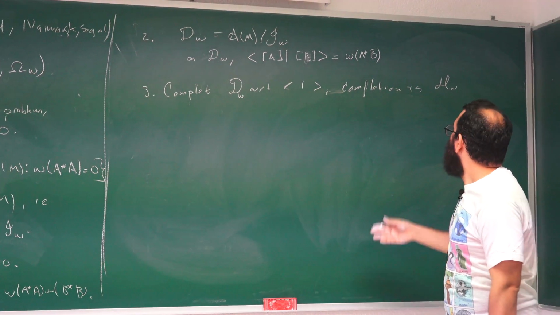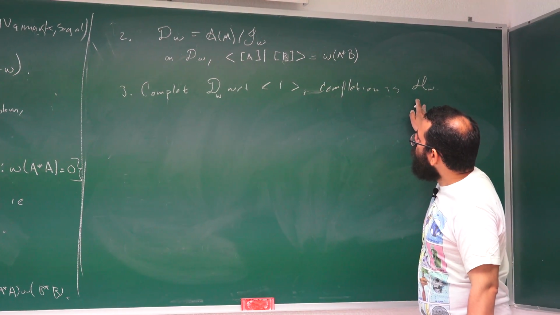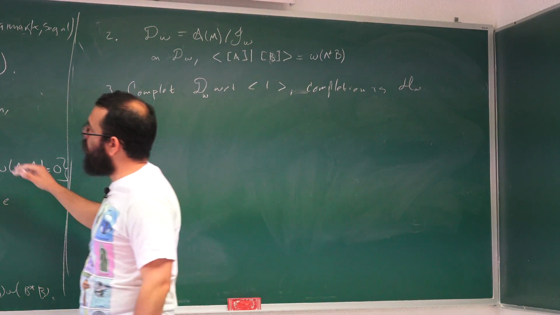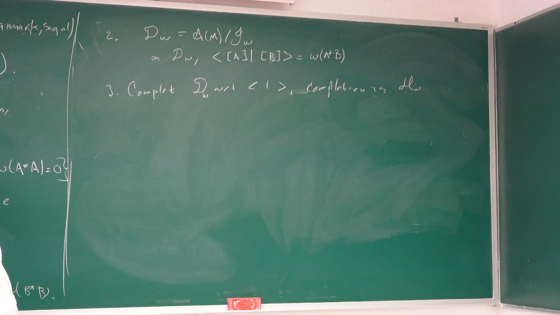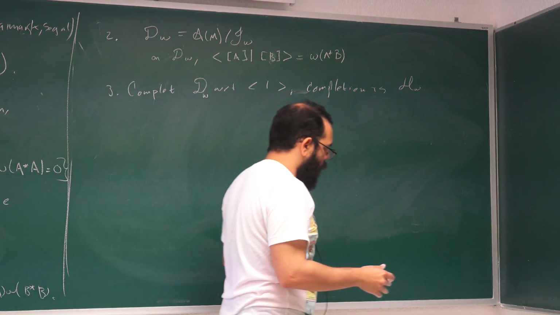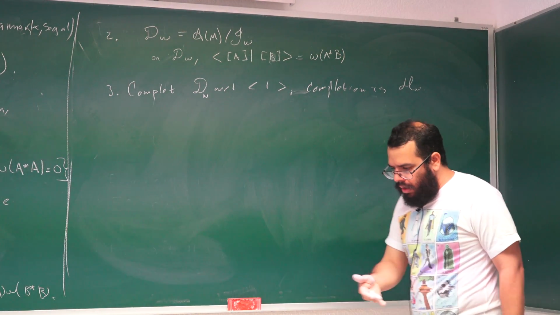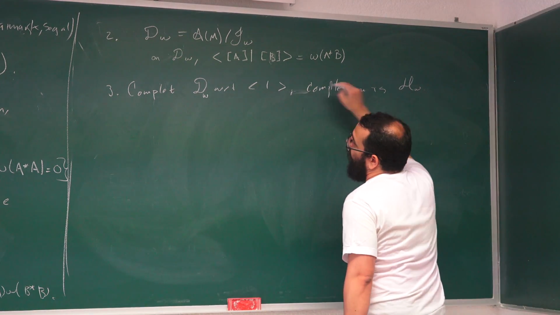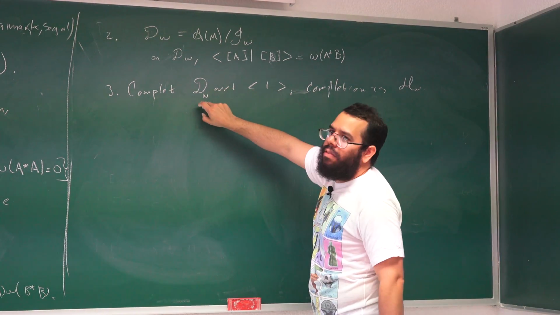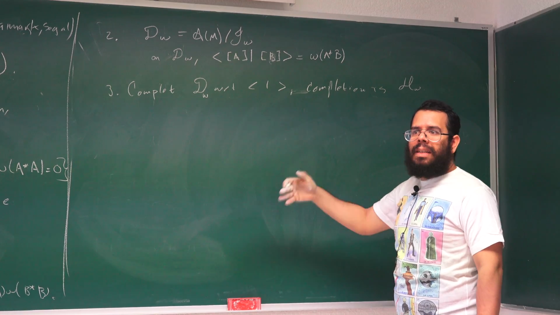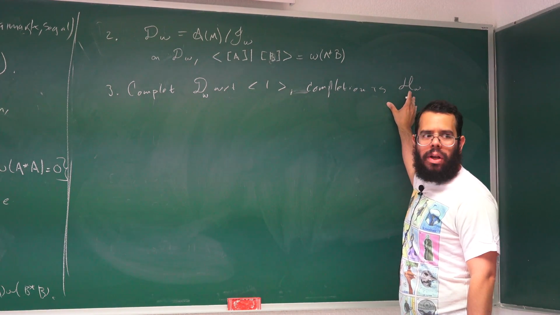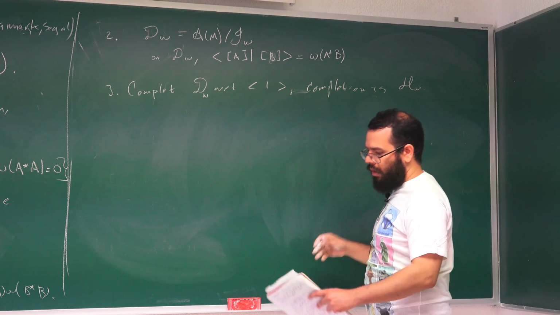That's all it means. You call the completion H, the Hilbert space. By construction, this is dense in the Hilbert space, because being dense simply means that every element of the Hilbert space is either here or it's a limit of points here. So by construction, this is dense here.